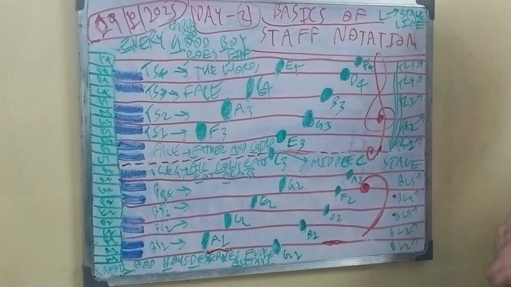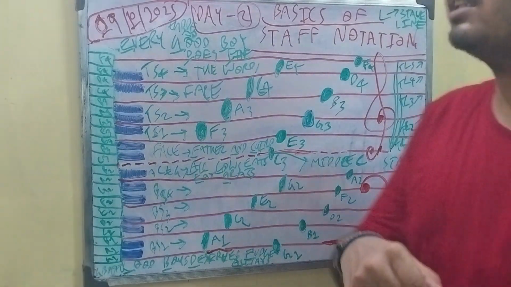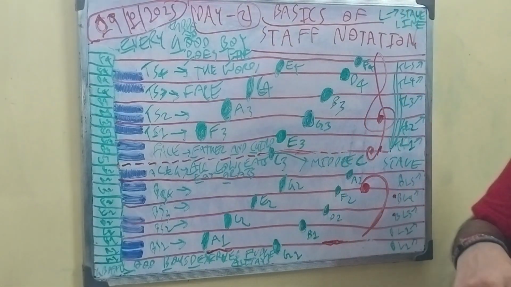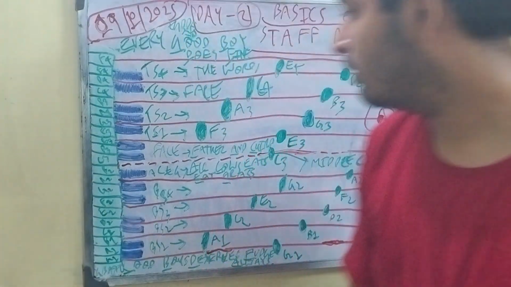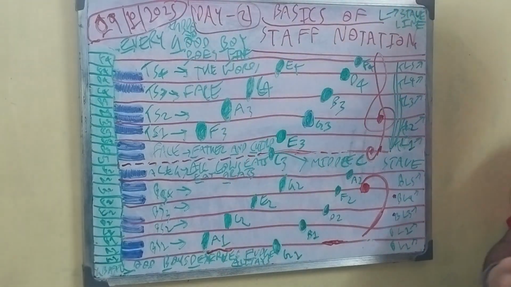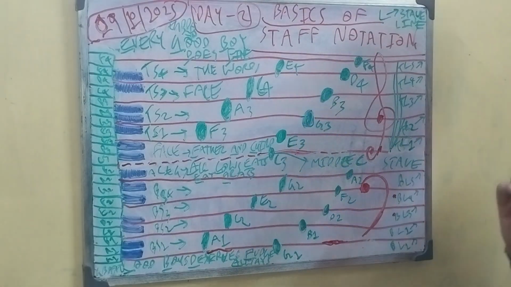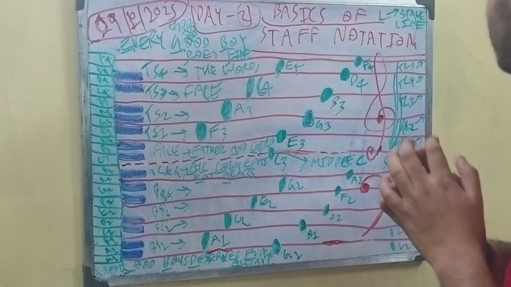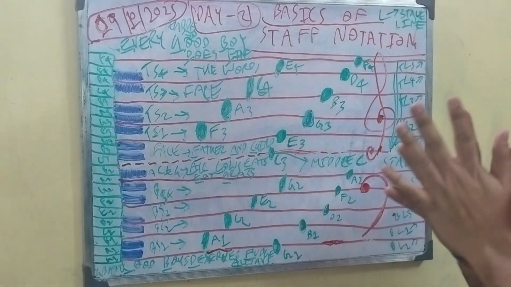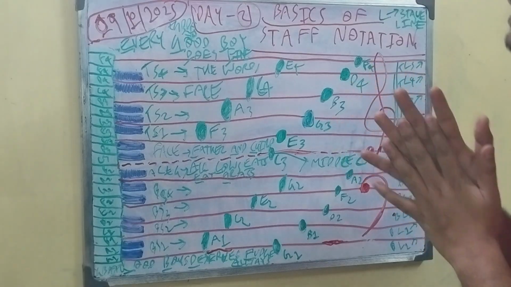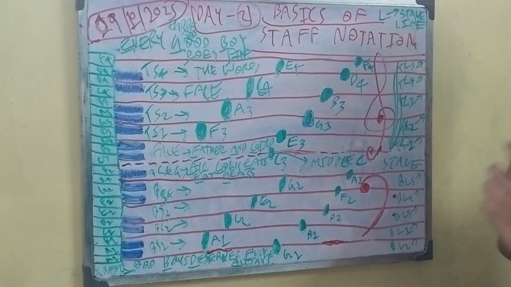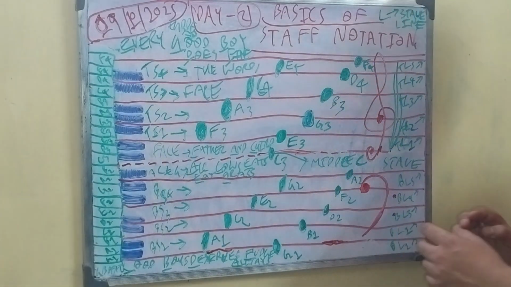So I hope all my students have understood the basic keys of the keyboard from the first octave till the fourth octave, lying on the staff spaces and the staff lines.